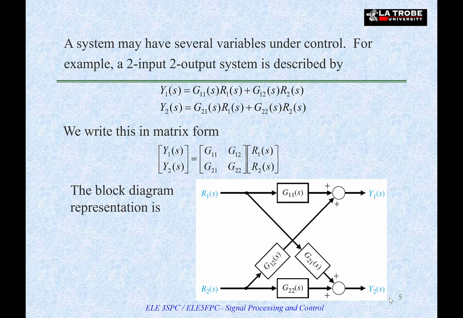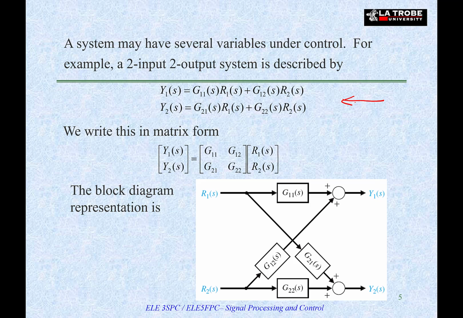Suppose we have a system which has two inputs and two outputs. The two outputs are Y1(s) and Y2(s), and the two inputs are R1(s) and R2(s). If we use mathematical equations to describe this system, we see this.